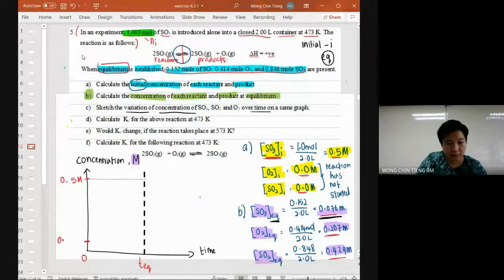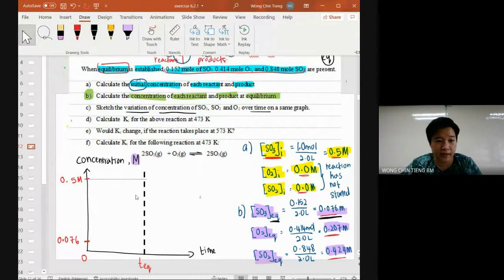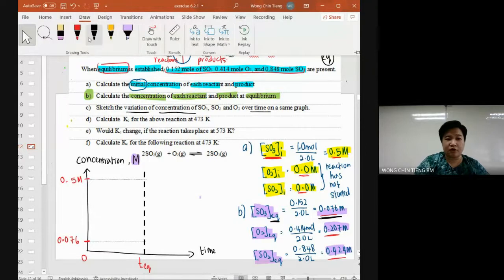That is my 0.076. Sama. The moment kamu dah label benda tu, kita buat line. Okay, kita buat line, kita tarik guna pembaris, kita biar dia duduk dekat kat sini. Nampak? Okay, agree? Dah?